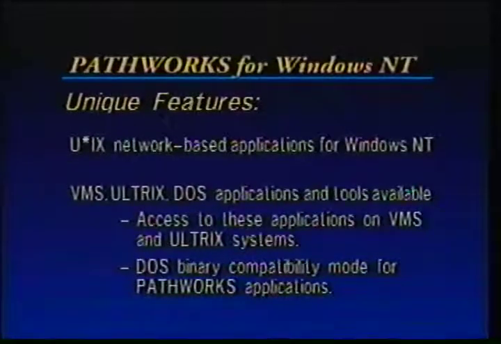A lot of network-based applications are written today using the PathWorks socket API. That PathWorks socket API will be available under Windows NT as well. So it'll provide a very smooth transition path for those people who are moving applications from Unix to NT.